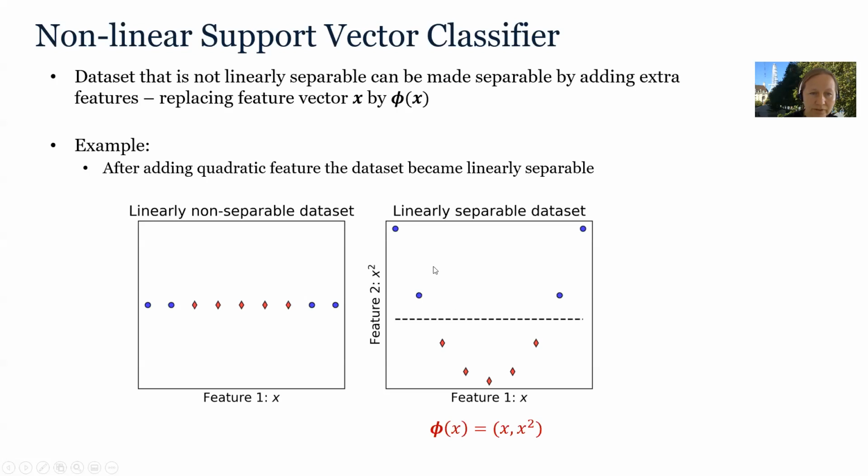So what we have done here is replace the feature vector x by the transformed feature vector phi(x), where phi is a nonlinear transformation. So our phi(x) now is x squared.